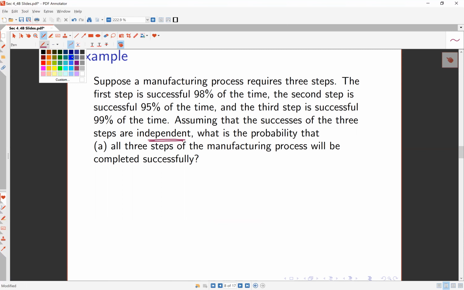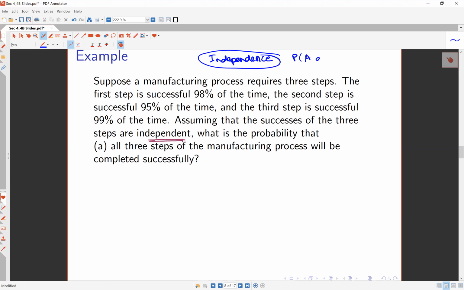So, independence comes in here. And we did cover that in the previous video, but just to remind you, we have a special form of the multiplication rule when we know we have independence. When we know we have independence, then probabilities of AND statements just become products of the probabilities.